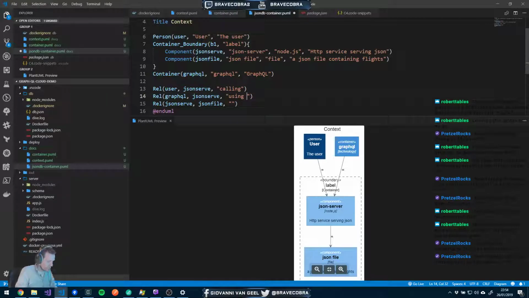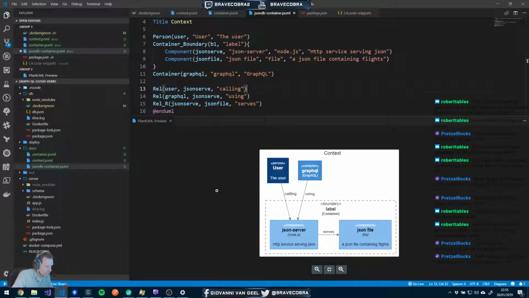That's going to be using that one, and something like that. So what does that give us? Should we move that one to the right? Probably. Yeah.